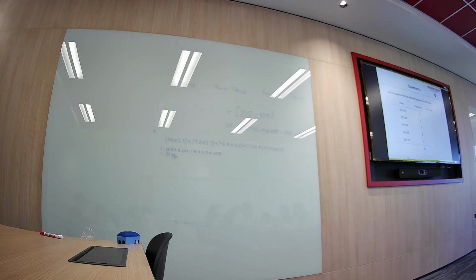The score is between 20 to 30. So the percentage of the first class: it appears 2 times, and the total is 25. So 2 over 25 is the percentage. 2 over 25 is equal to 8%.